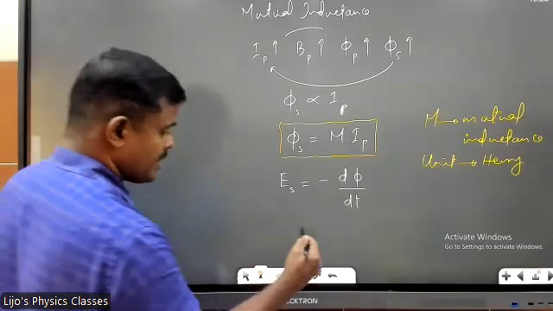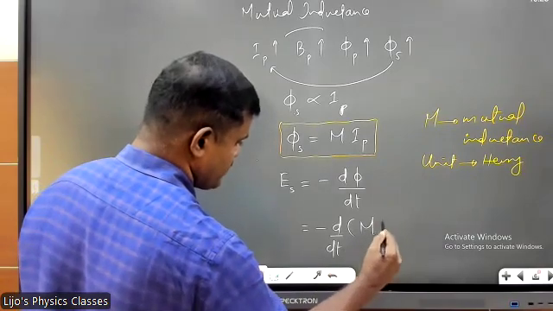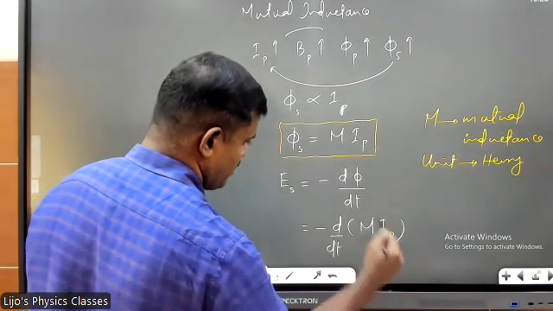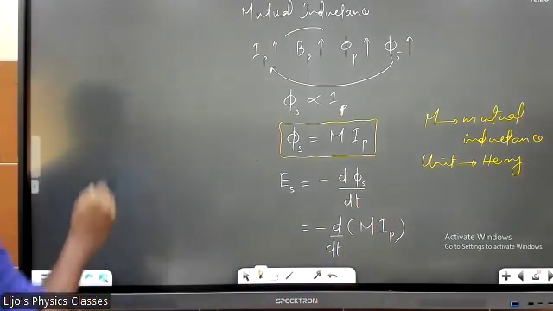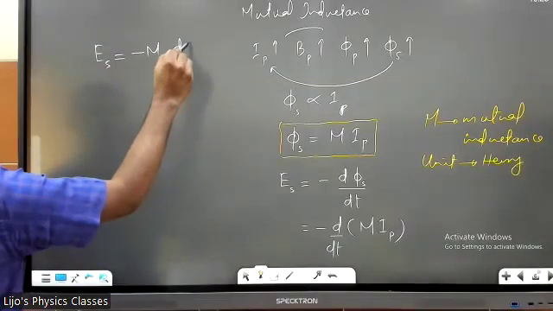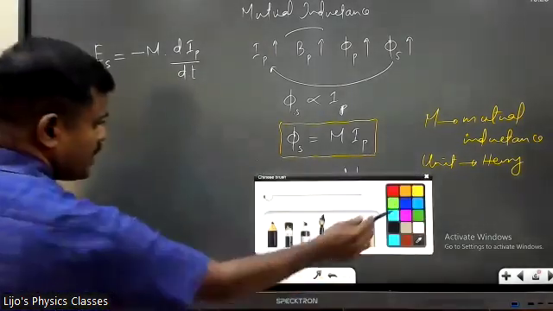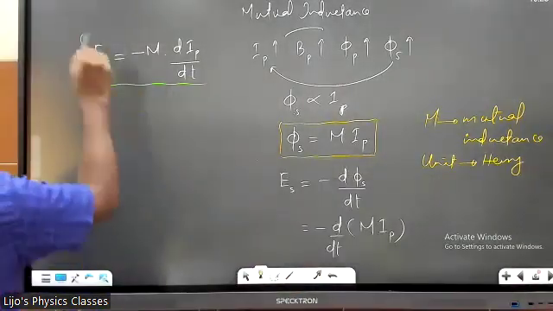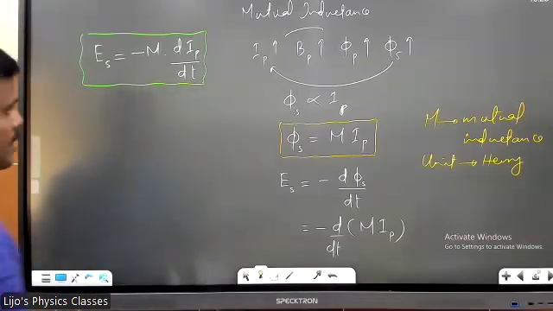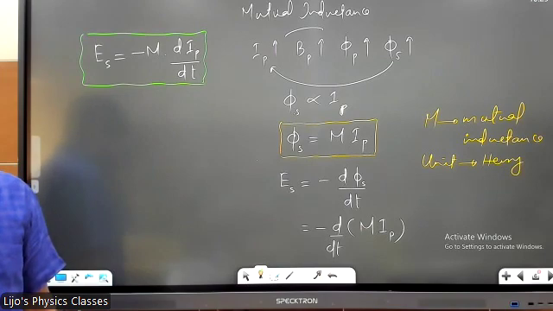That is equal to minus d phi by dt, and phi_S is M I_P. So E_S is equal to minus M into dI_P by dt. Got it?